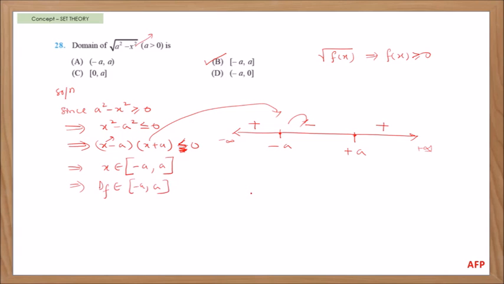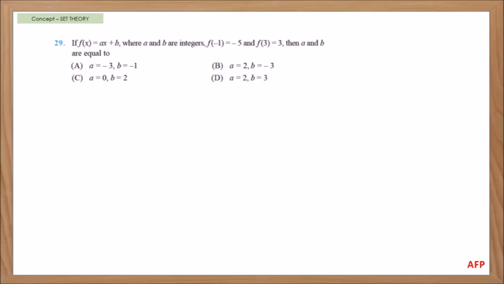Next question. Solution. F of x is equal to ax plus b. Now f of minus 1 is equal to 5, it is given. This indicates that if you substitute minus 1, minus a plus b is equal to 5, so this is equation 1.